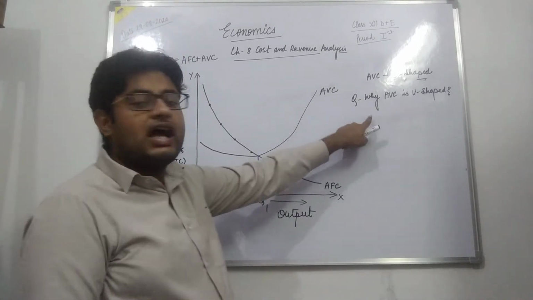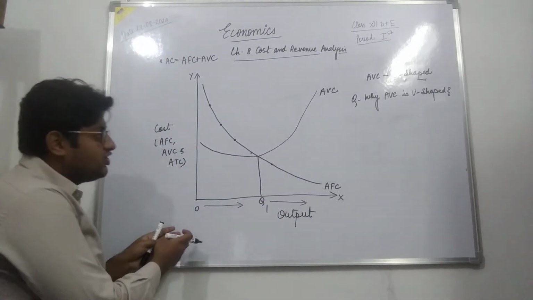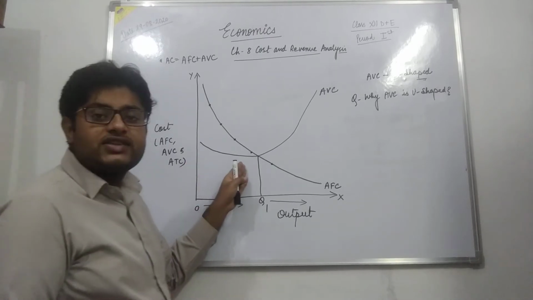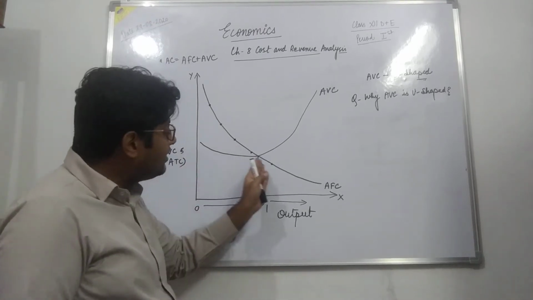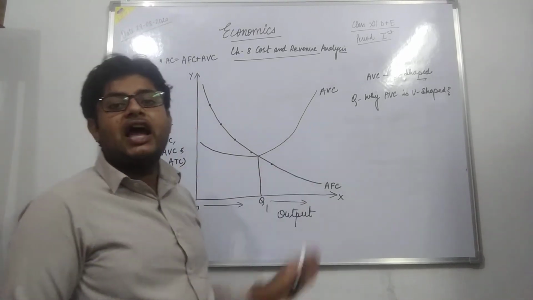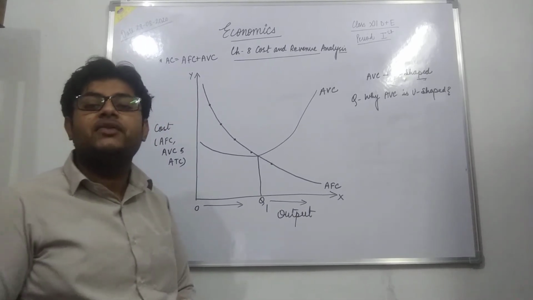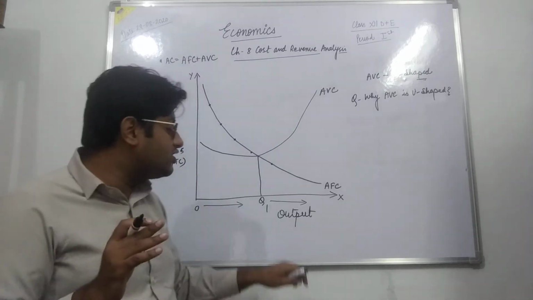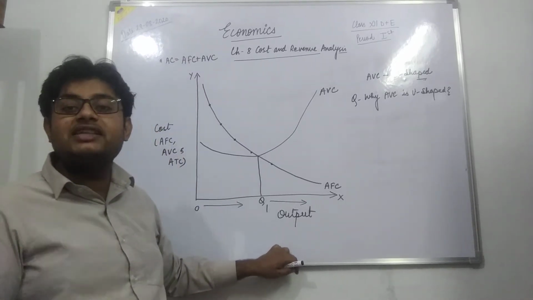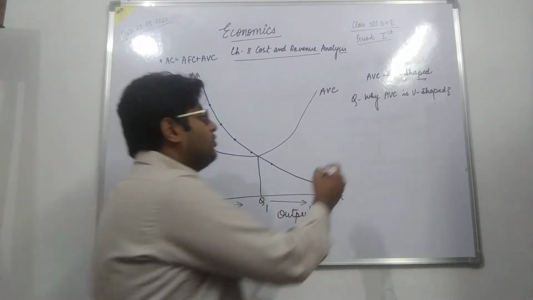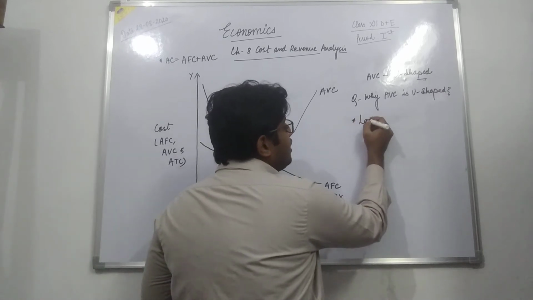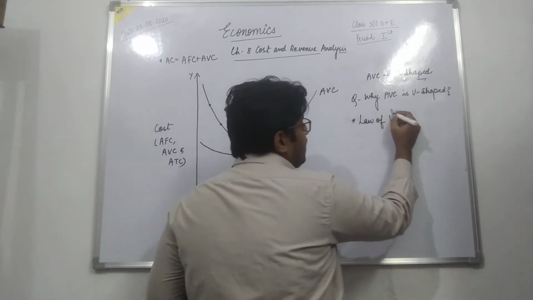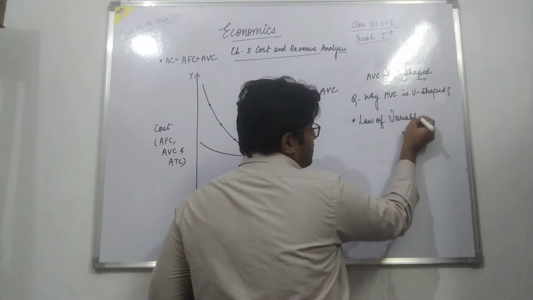So why is it happening that at the initial stages my average variable cost is falling, and at the later stages of output my average variable cost is rising? The reason is the same as the reason for the shape of TVC and TC, that is the law of variable proportions.